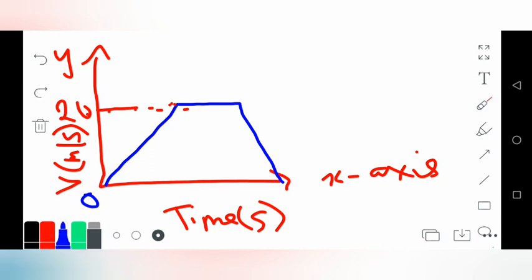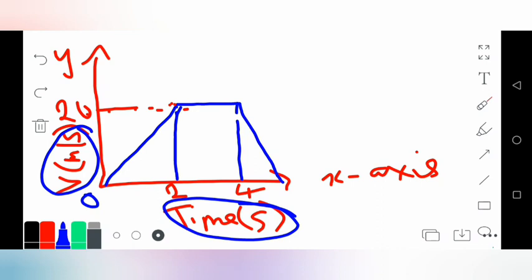Down here you can have numbers like this is 2, and this is 4. The most important thing before the question comes is that you look at what is on the y-axis, which is velocity, and what is on the x-axis, which is time.